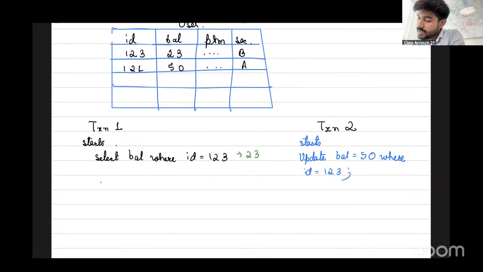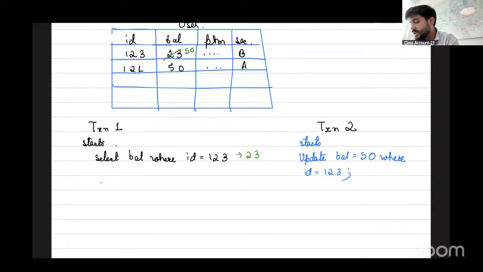Due to this line, this balance would get updated to 50. Now this line would again select balance where ID is equal to 123. If it does this, it would get the output as 50.